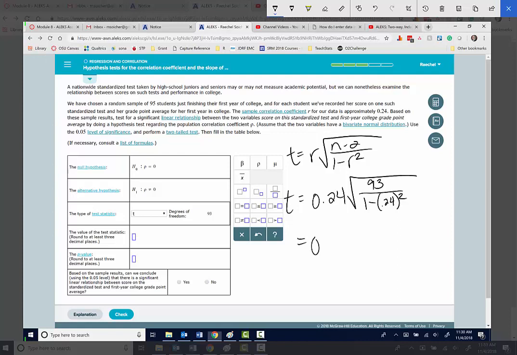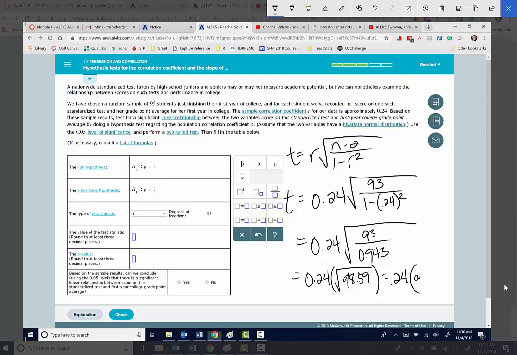This simplifies to 0.24 times the square root of 93 over 0.9433, which simplifies to 0.24 times the square root of 98.59, which is 0.24 times 9.929, which is equal to 2.383.